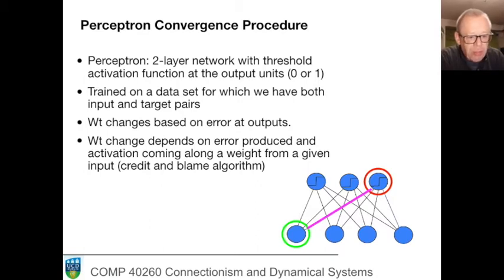So consider the perceptron shown there on the bottom right. If we observe an error for a specific pattern at the third output unit there, then we ask how much did the first input unit and its associated weight contribute to that error, and we ask the same question for all weights in the network. So there's a specific question to be asked of a specific pattern that addresses the contribution of this unit and this weight.